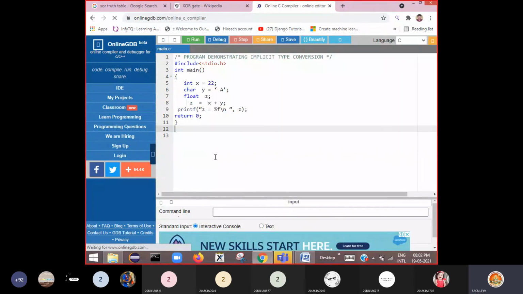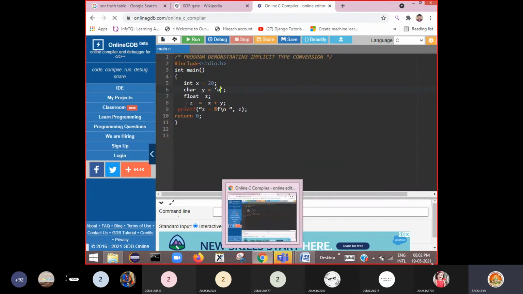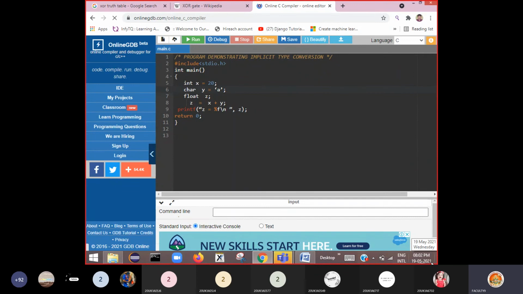I'm just pasting this code here. It is better if I take a number, for example some 20, so that it becomes very easy. First I'll show you with a small a. I'm taking a character value small a. What happens, I'll tell you here. These single quotes I need to change. Similarly, double quotes I need to change here.